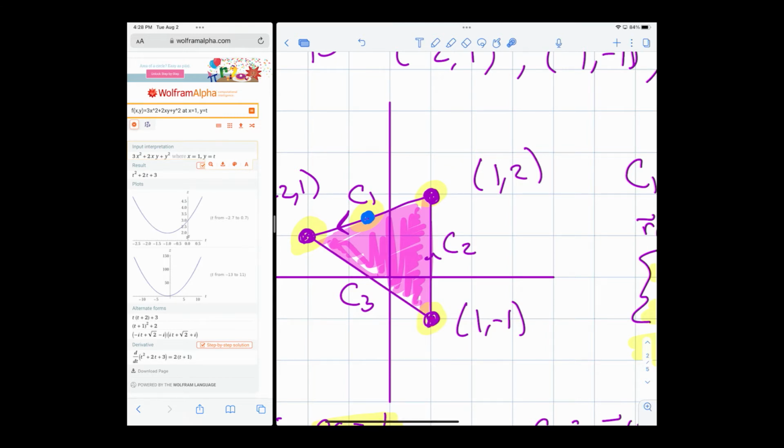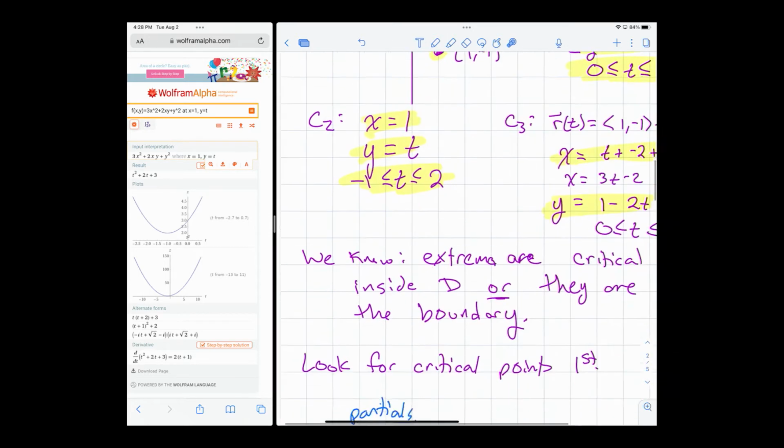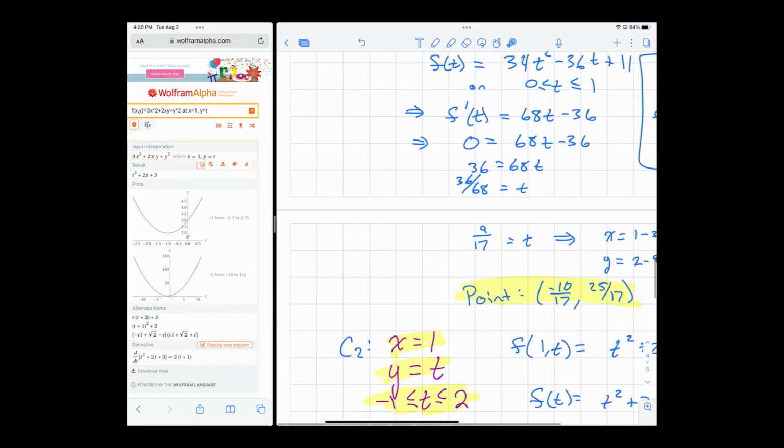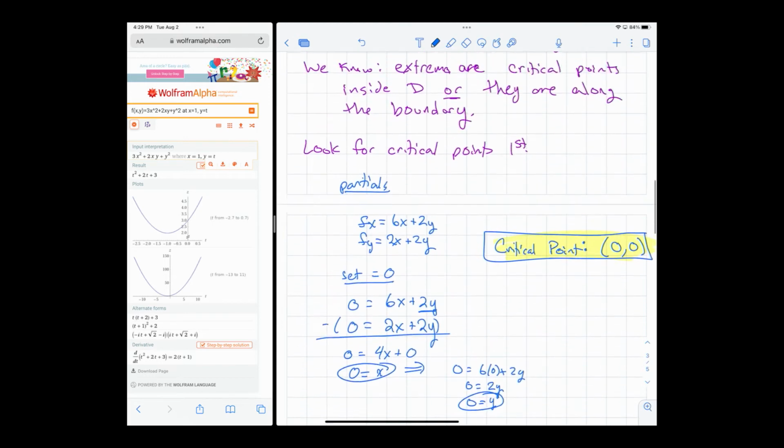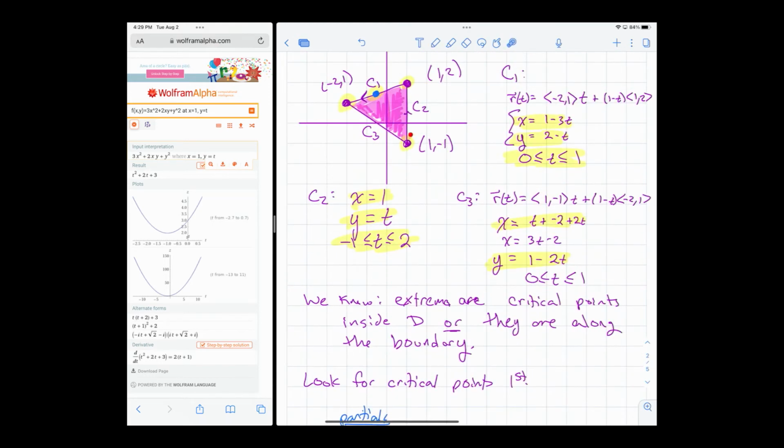So we don't have a point equivalent to this blue point in here. So that's all we need from C2 because we didn't actually find a point. When you plug that in, you would just get that the x and the y value are 1 comma negative 1, which is, again, just this corner. So I don't have to put the corner twice.